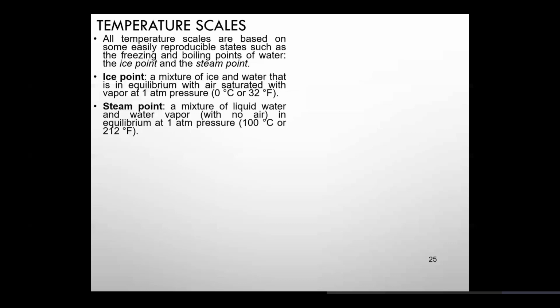Similarly, for the steam point, in the Celsius scale you assign the value of 100 degrees centigrade and 212 Fahrenheit in the Fahrenheit scale. Clear enough? All right. But essentially, these two scales are dependent upon the properties or the thermal energy stored in water or water and ice.